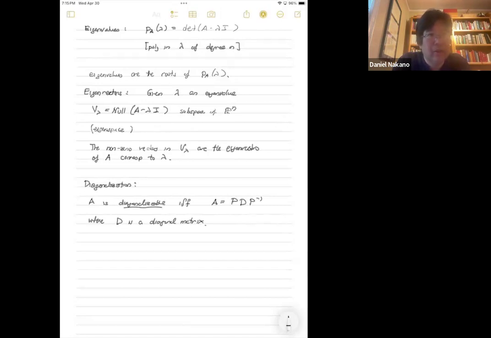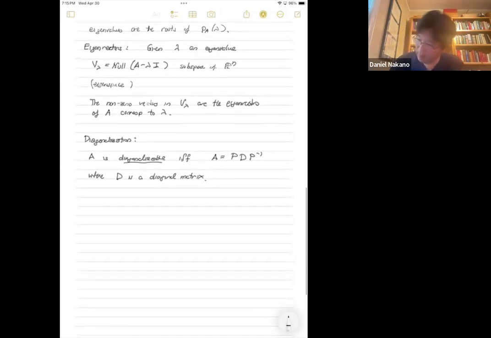The condition that ensures this is if you take the sum of the dimensions of the eigenspaces and it equals n. Remember the theorem: A is diagonalizable if and only if the sum over all the eigenvalues of the dimensions of these eigenspaces equals n.